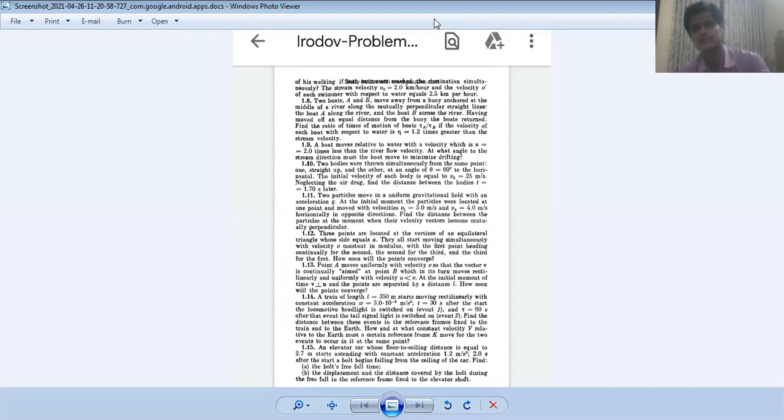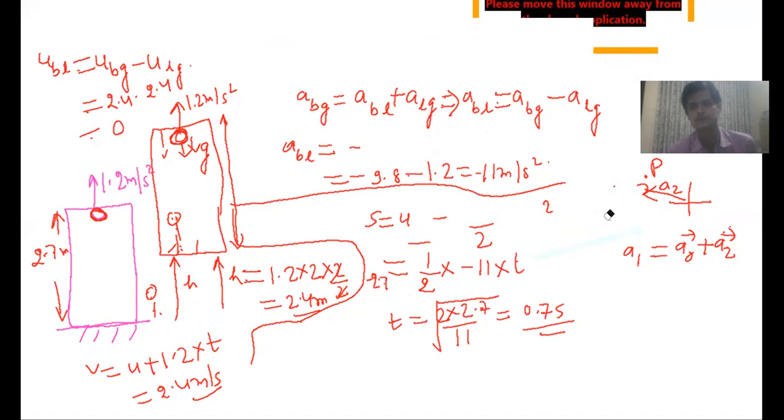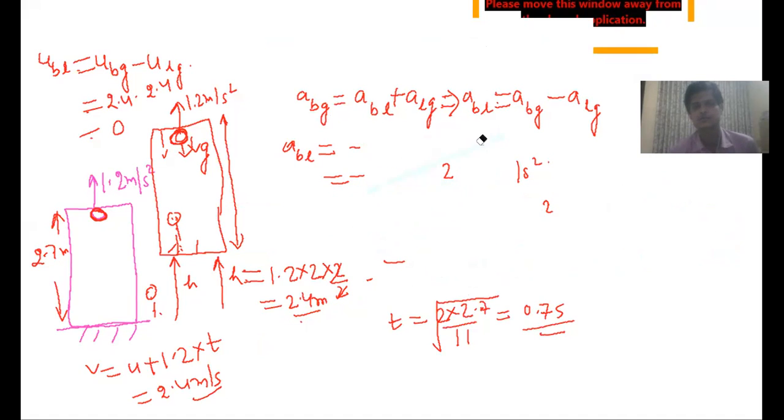So we need to find the distance and displacement of the bolt with respect to the ground.